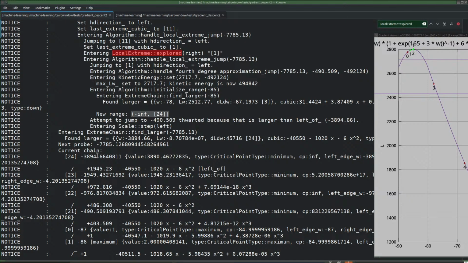So it really wants to try again left of 24.